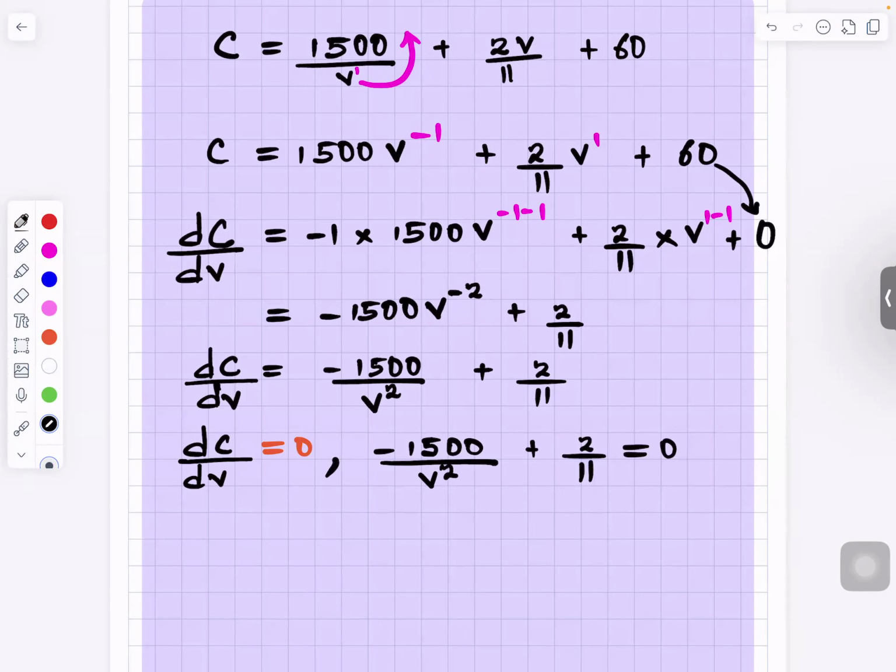How do we solve that? If we take 1,500 over V squared to the right-hand side, on the left-hand side we have 2 over 11 equals 1,500 over V squared. When it goes to the right, it becomes positive. Now we can cross multiply.